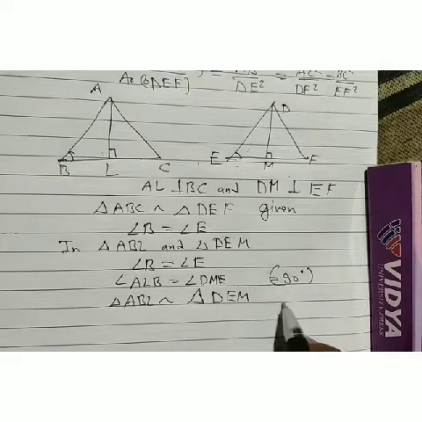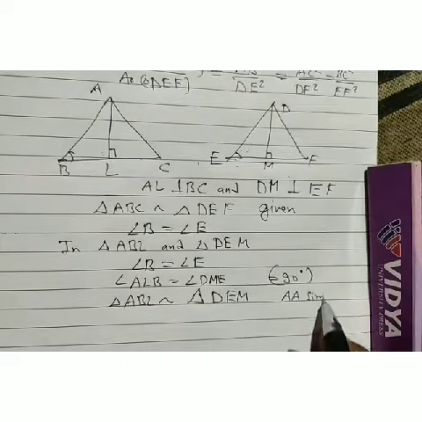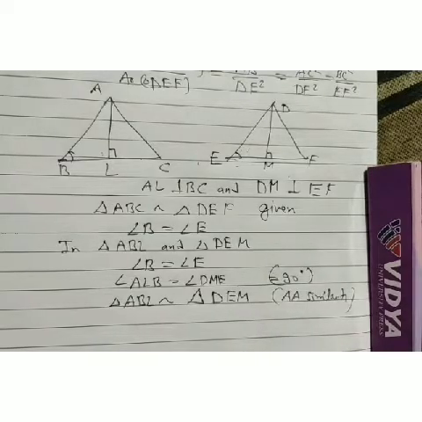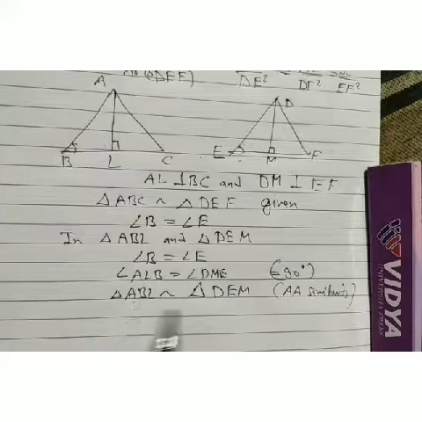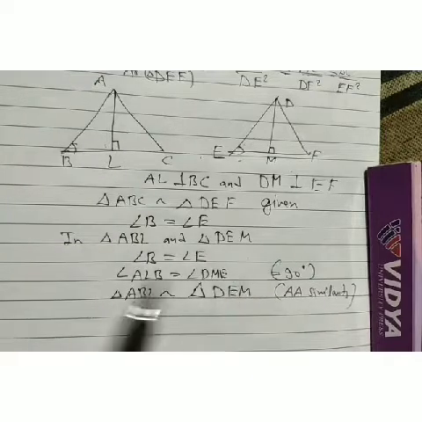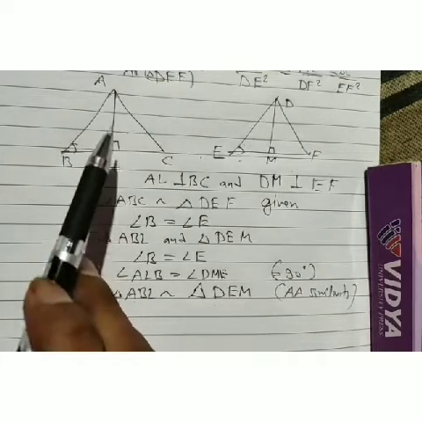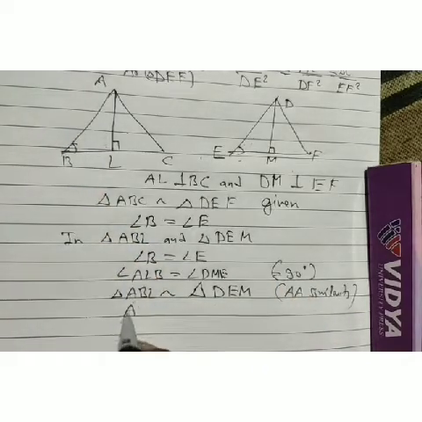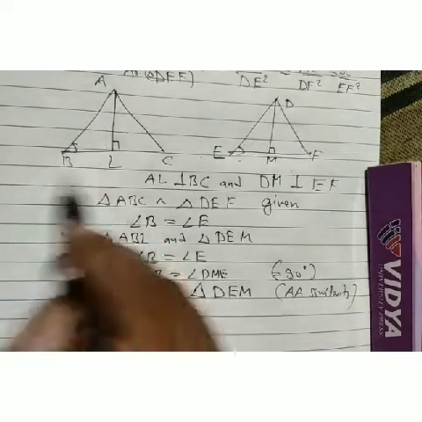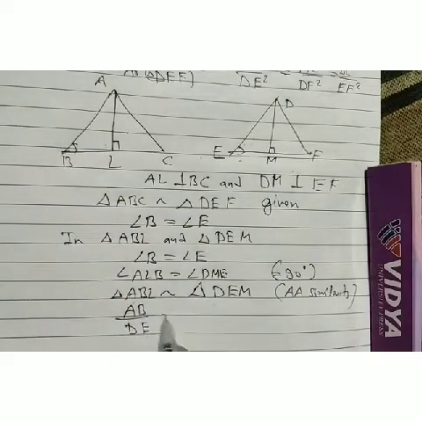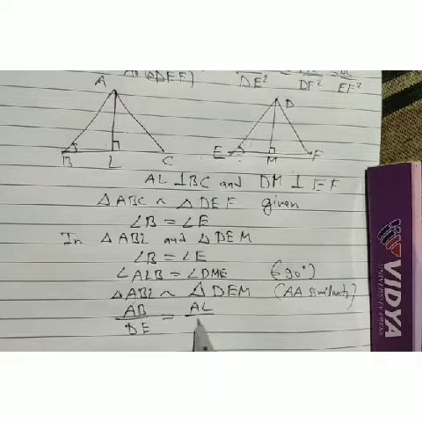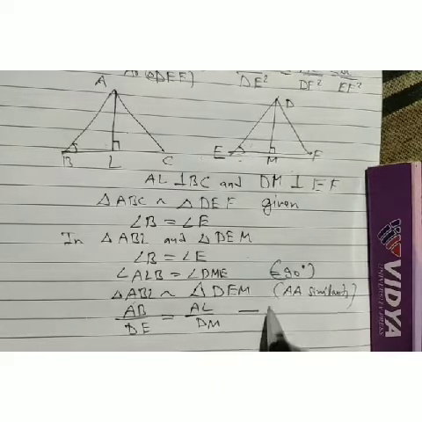Since the triangles are similar, their corresponding sides are in the same ratio. Then we have AB is to DE equal to AL is to DM. Take this as equation 1.